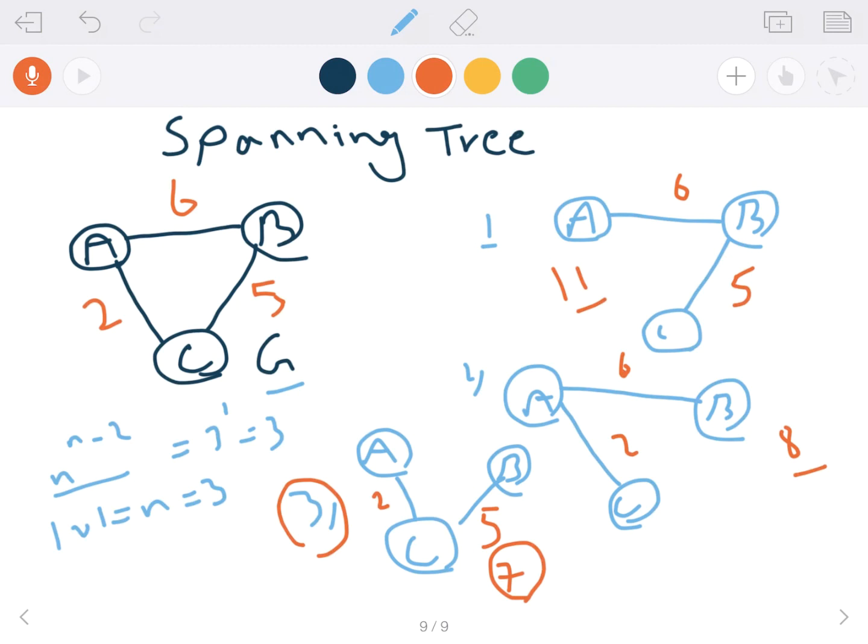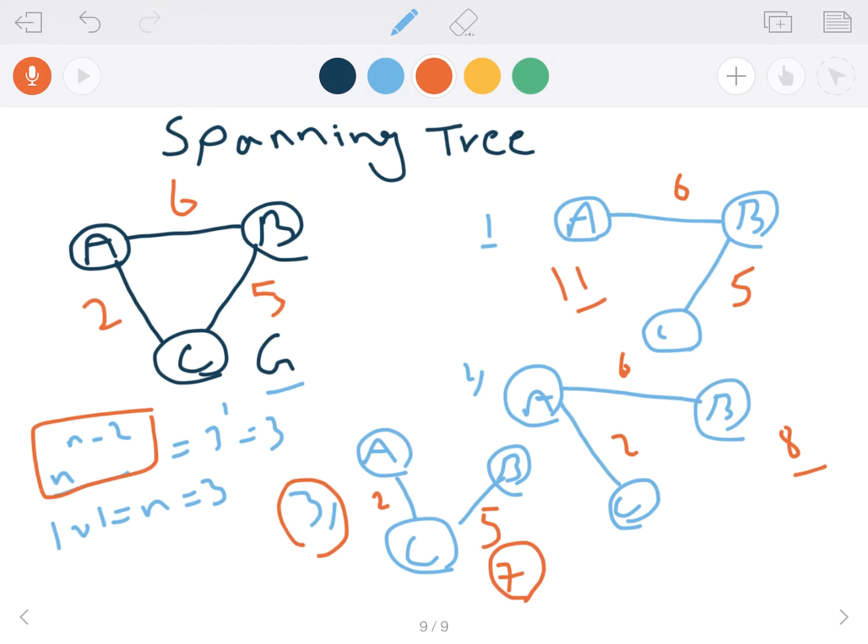For finding a spanning tree for a graph G with only 3 nodes, it's easy. You can just draw the spanning trees and look at the numbers and sum them. But when the number of nodes or vertices is high, you cannot easily do that. As I said, there are n to the power n minus 2 spanning trees for a complete graph.